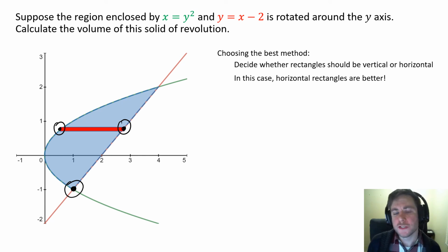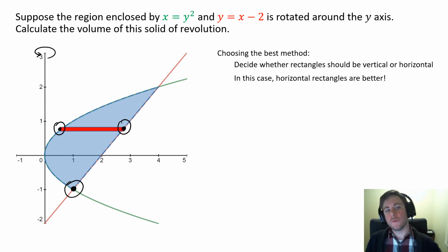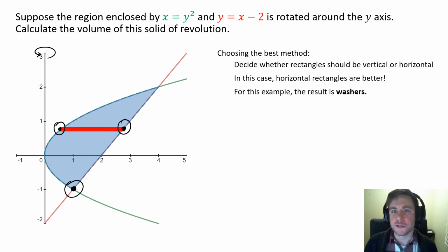Now, the question tells us we're rotating around the y-axis, so are we going to get disks, washers, or cylindrical shells in this situation? Try to come up with an answer for yourself by visualizing the rotation of that rectangle. I'm about to spoil it, so make sure you're ready. Hopefully you can see that this rectangle is going to form a washer when it's rotated.